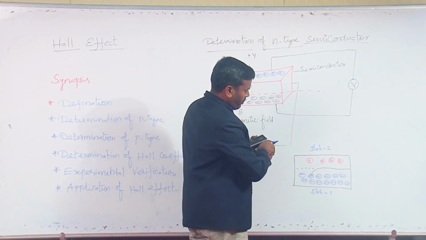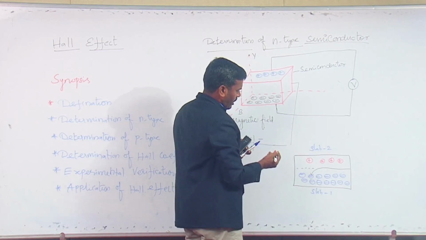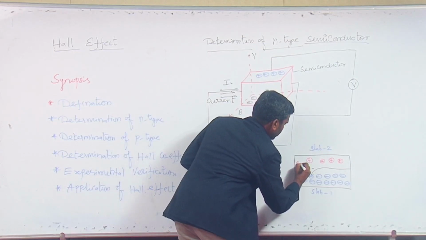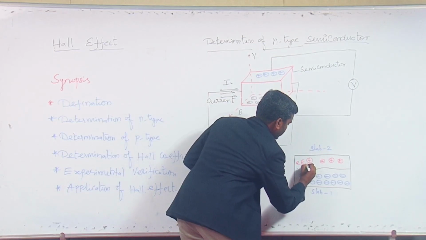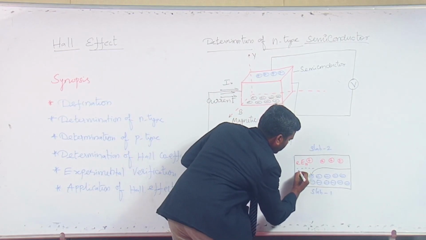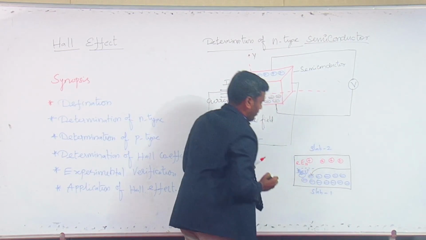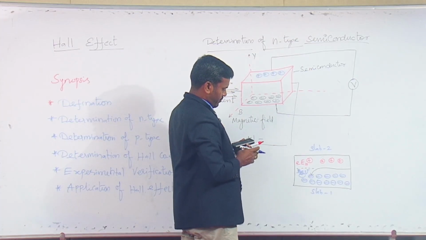Due to the potential difference, there is an upward transition energy eEH, and a downward energy due to the magnetic field, eBv.